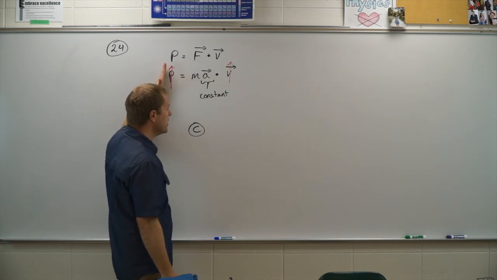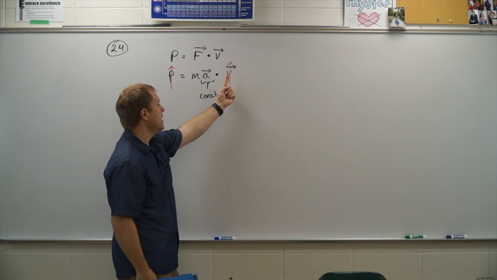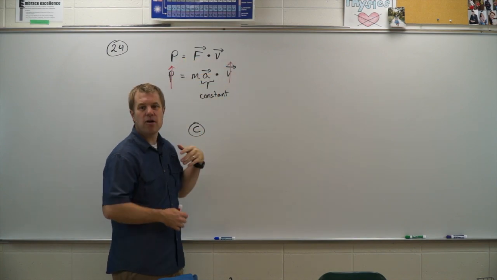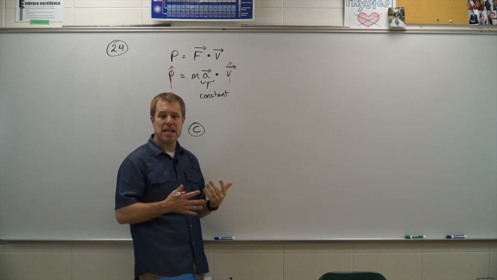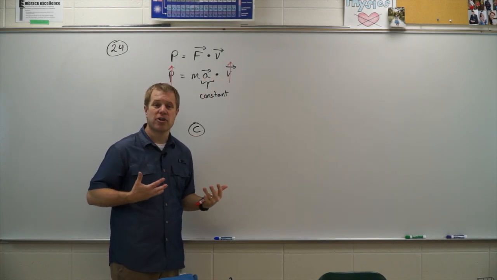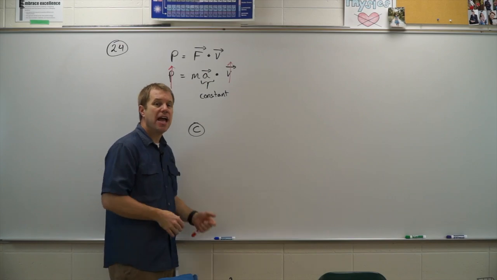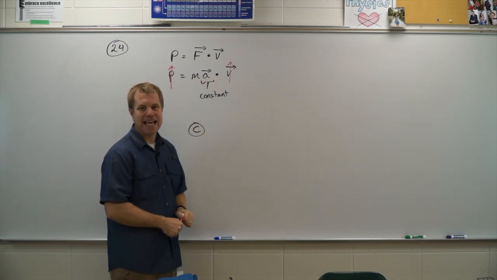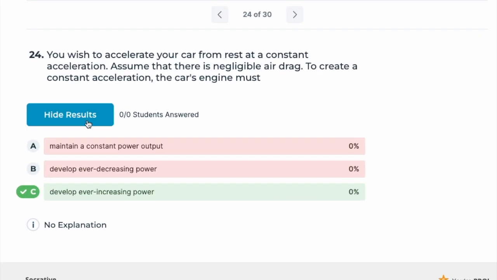If my power is constant, well, as my velocity goes up, my acceleration goes down. We see this in our car. If you try to speed up, the faster you go, the slower your acceleration is, just because your car can't deliver energy at a fast enough rate to maintain that acceleration. C, develop an ever-increasing power.